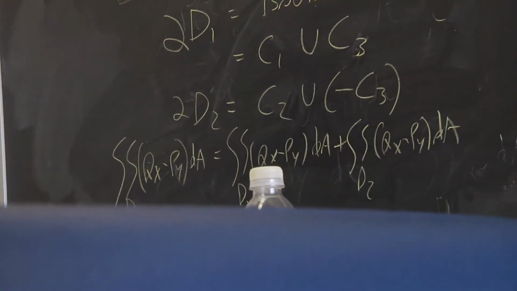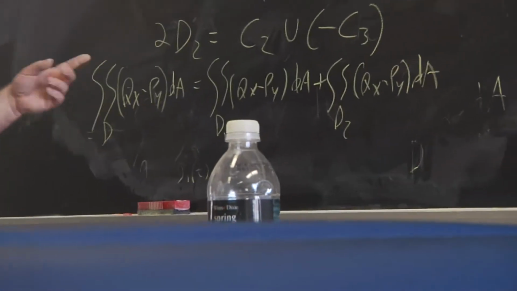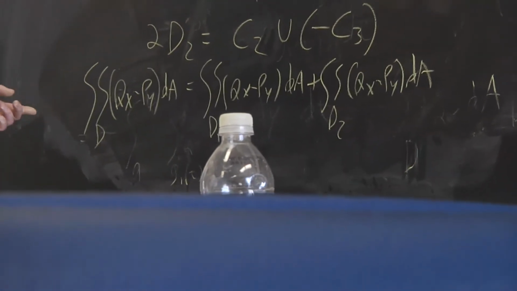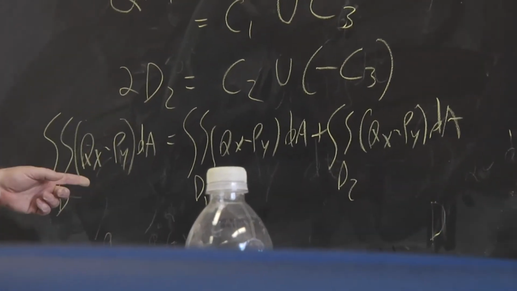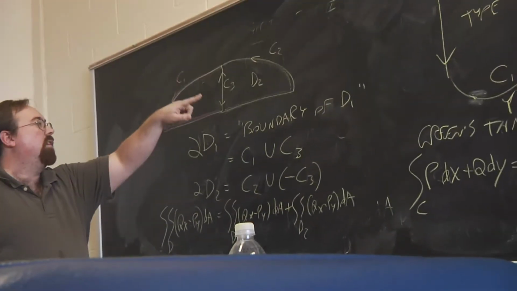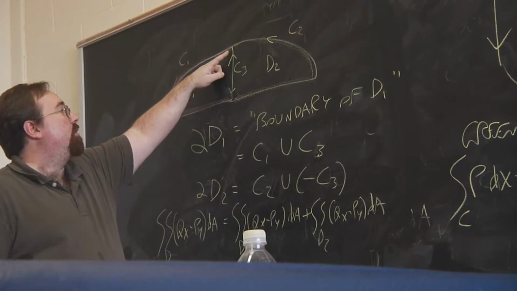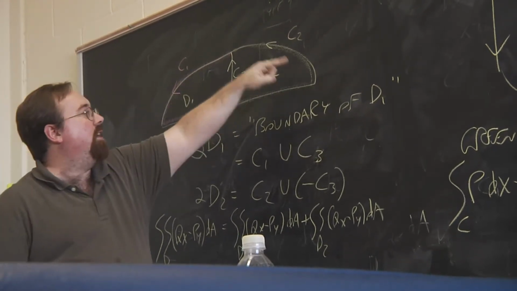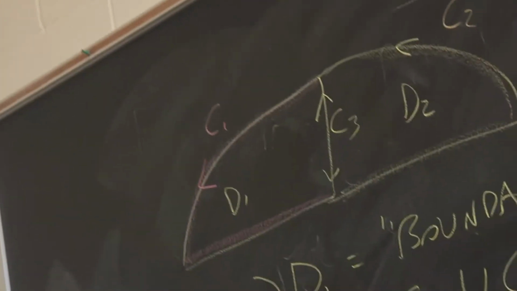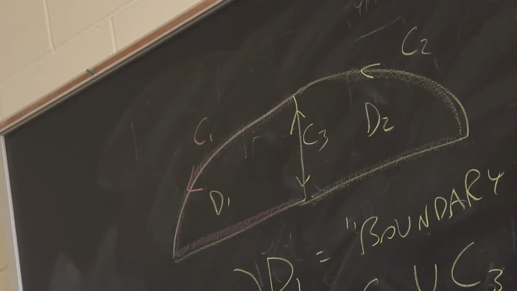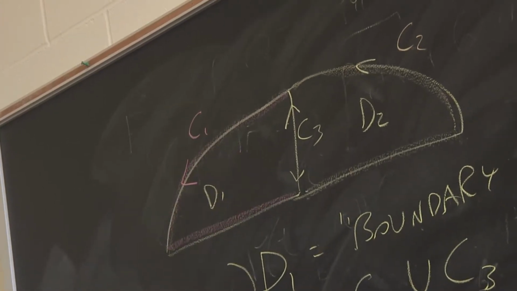All right. So if Green's theorem is to hold, we should be able to express the line integral over the entire curve as the sum of the integral over this boundary and over this boundary. But some of those boundaries aren't quite the same. They have this shared piece in between.